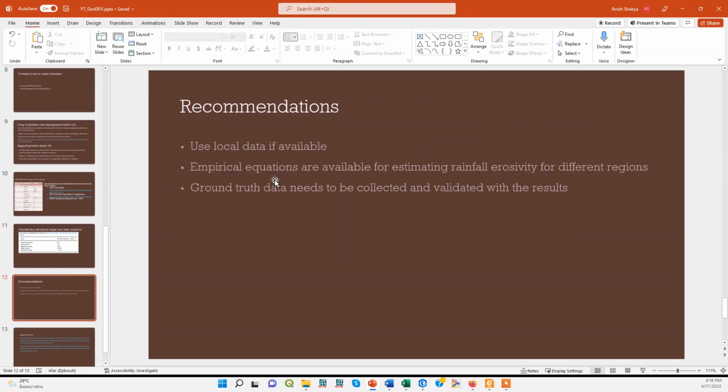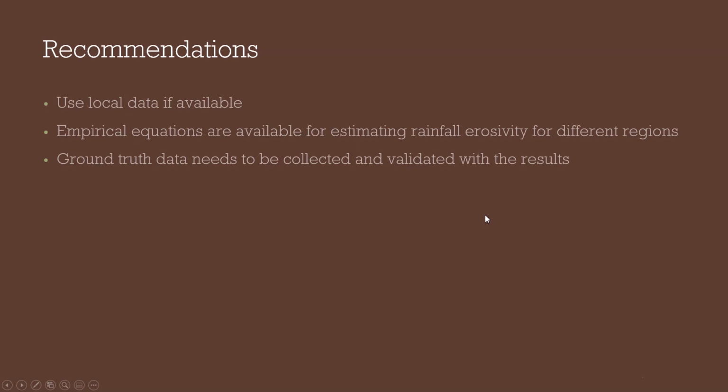So I have some recommendations which we can use to improve our results. If the local data is available, then use those local data, because inclusion of the local information, the local topography plays a vital role in improving our results. There are empirical equations available for estimating the rainfall erosivity.